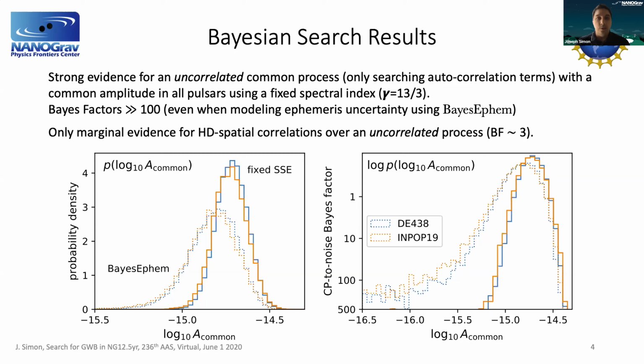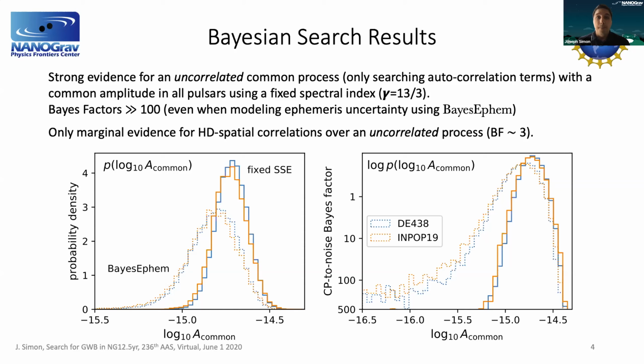we needed to account for some uncertainty in where the solar system barycenter is. The way that we reference all of the pulse times of our pulsars is to reference them to the inertial frame of the solar system barycenter.